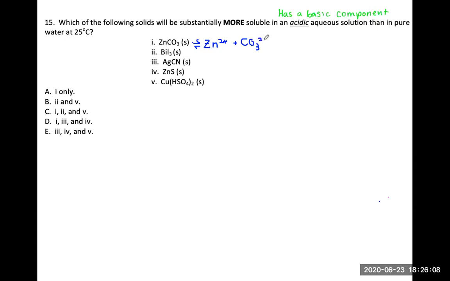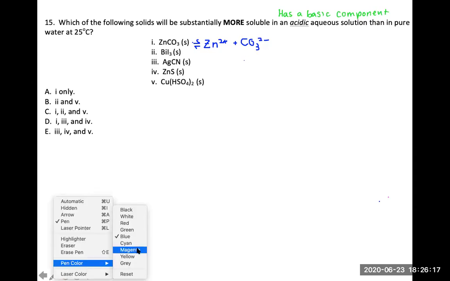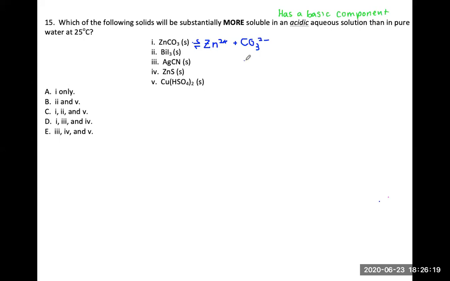What that means is that if we're in an acidic solution, and we have extra protons around, then the carbonate could potentially react with the H+ instead of being in this equilibrium with the zinc.